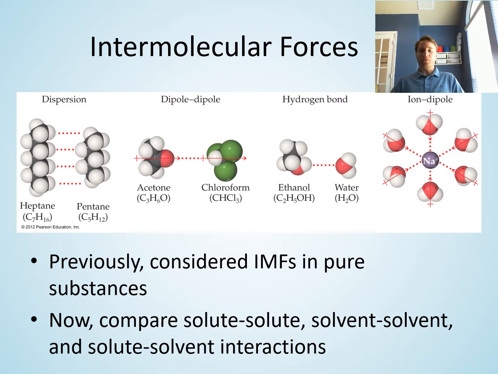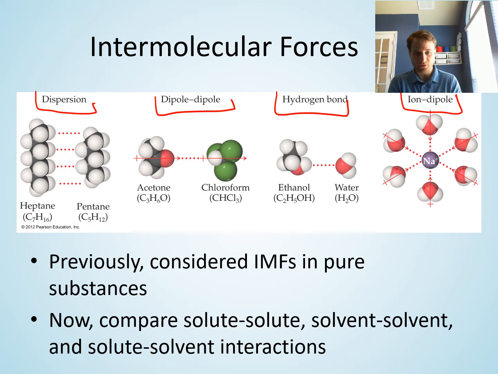We talked about intermolecular forces for pure compounds, such as the intermolecular force between two water molecules or between two carbon monoxide molecules. But when we're talking about solutions, we also need to consider the solute-solvent intermolecular forces. Here I have examples of different types of solute-solvent intermolecular forces, just like the intermolecular forces we talked about before: dispersion, dipole-dipole, hydrogen bonding, and ion-dipole.